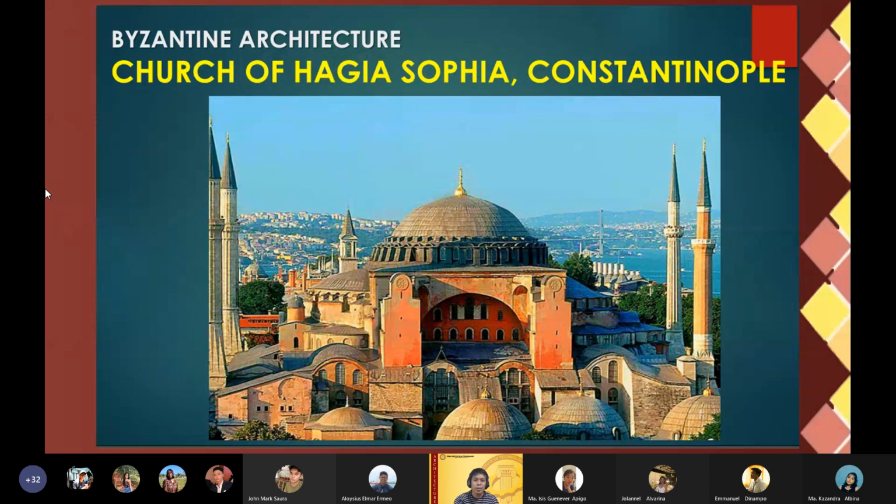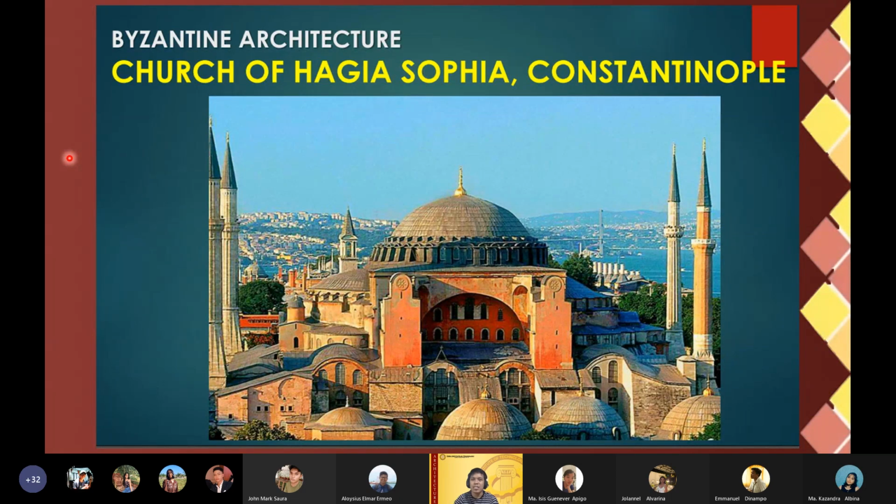So to continue, our next portion or the next part of our discussion is examples na lang ni siya. These are examples of Byzantine architecture. So let's start with the most beautiful buildings during the Byzantine architecture, the most popular, the landmark of Turkey.